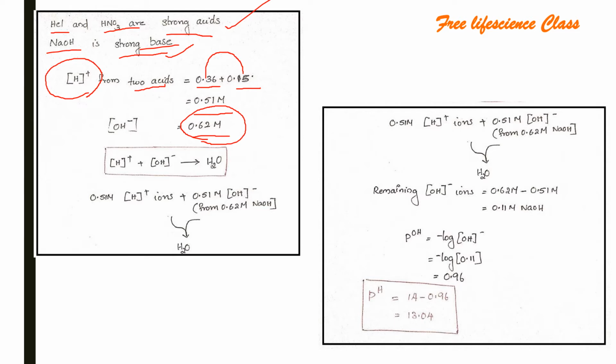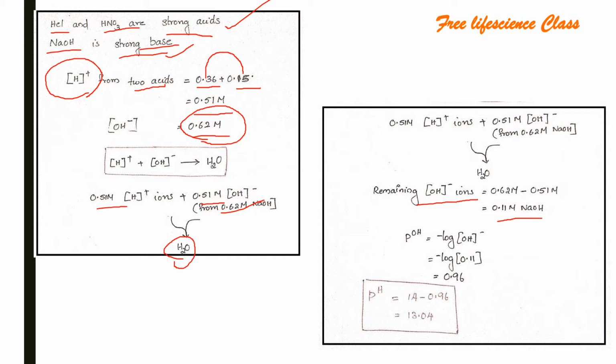From that we are only taking 0.51 mole, because 1 H plus and 1 OH minus give H2O. Like that, 0.51 mole H plus ion and 0.51 mole OH minus ion will give water. After that we have remaining OH minus ions only, that is 0.11 mole NaOH.